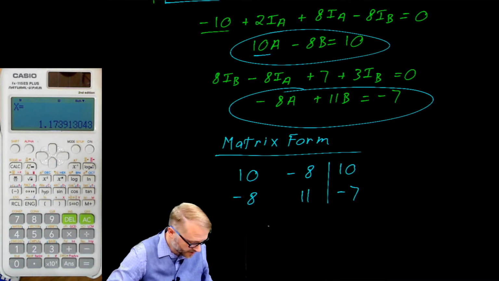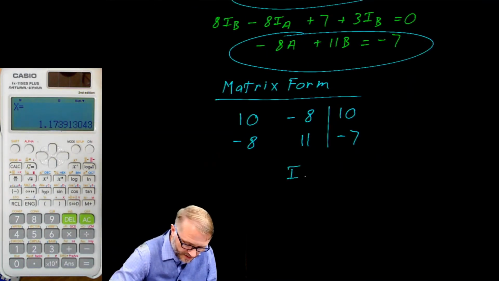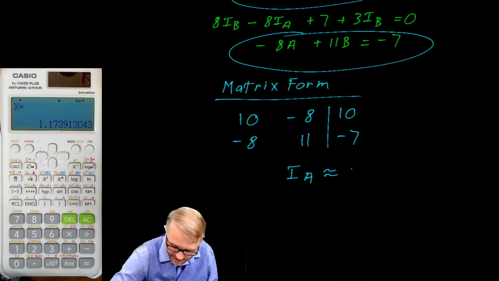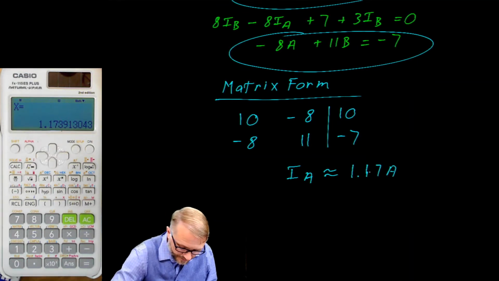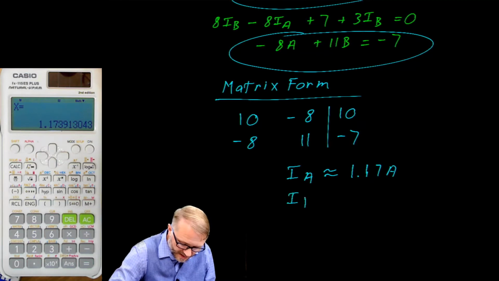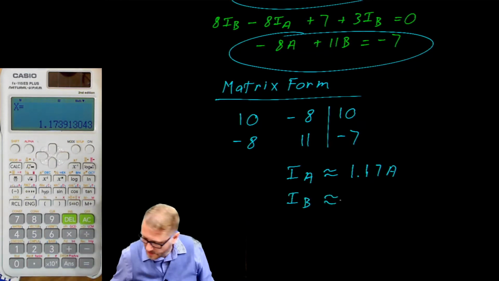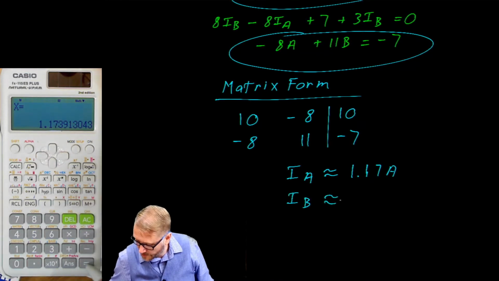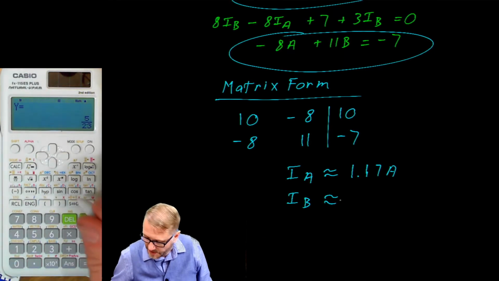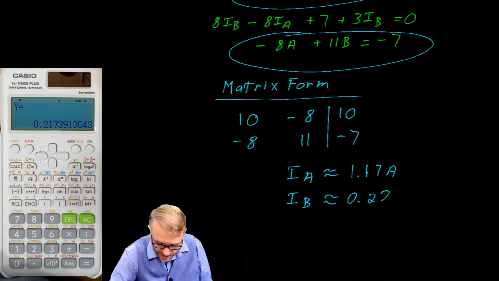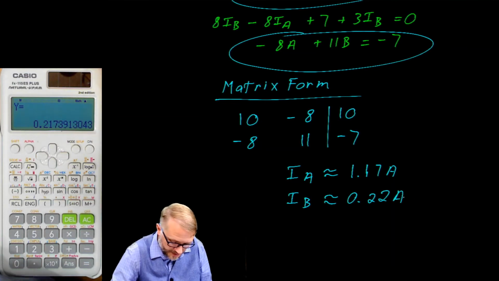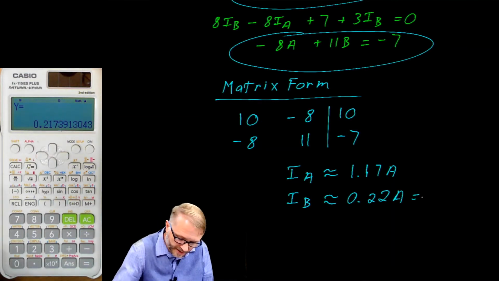This is current A. So current A is approximately 1.17 amps. And current B is approximately, you find that by pushing equals, so that's the Y term in this particular case, is approximately 0.22 amps, or more properly, 220 milliamps.